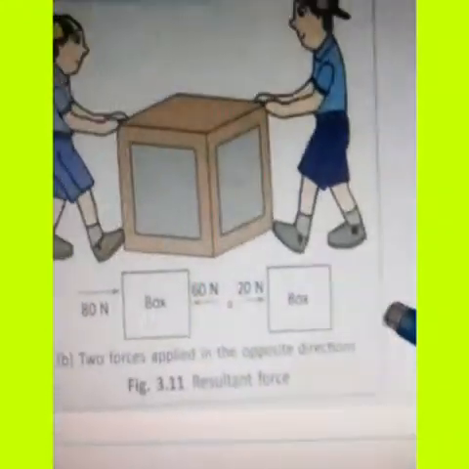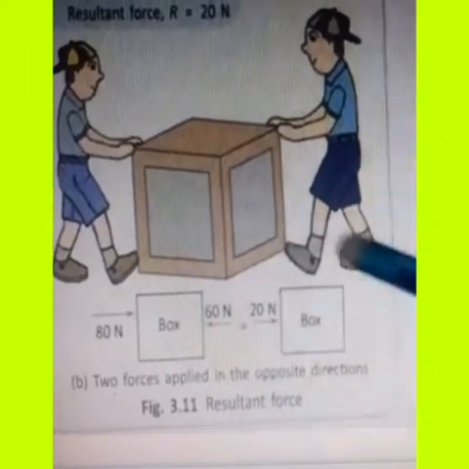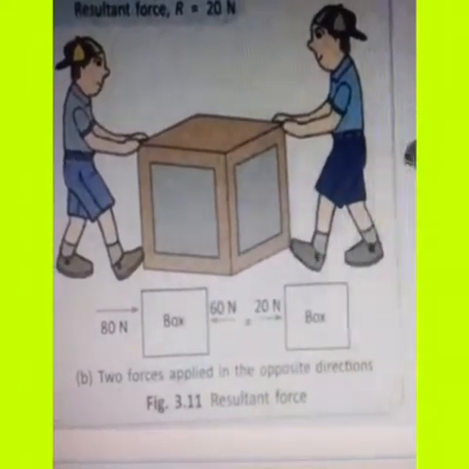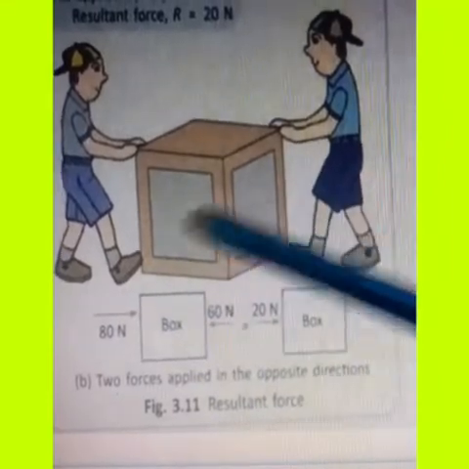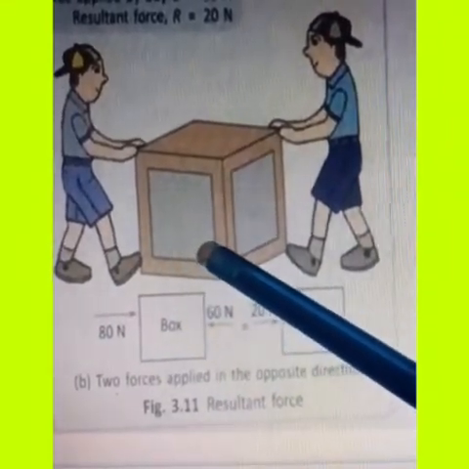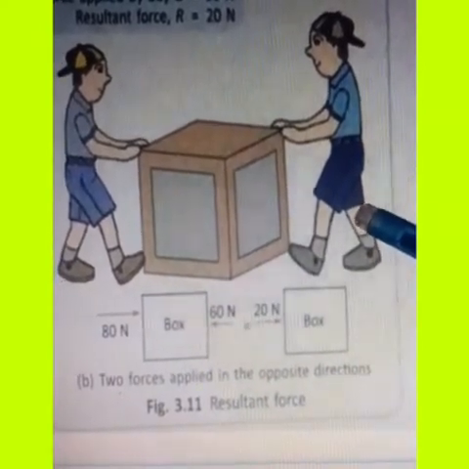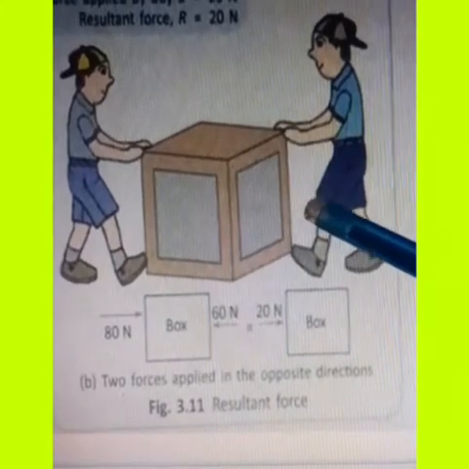Now look at the second example. In this case, the boys are pushing the box in the opposite direction. For example, boy A is pushing the box with a force of 80 newtons and boy B is pushing the box with a magnitude of 60 newtons.